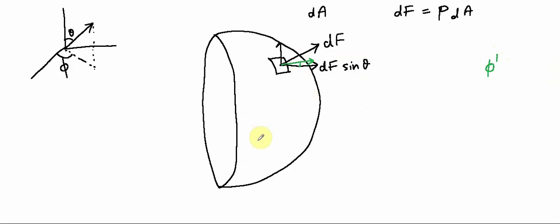So the component green arrow is equal to df, I will write here near the component, df sin theta cos phi dash, cos phi prime.